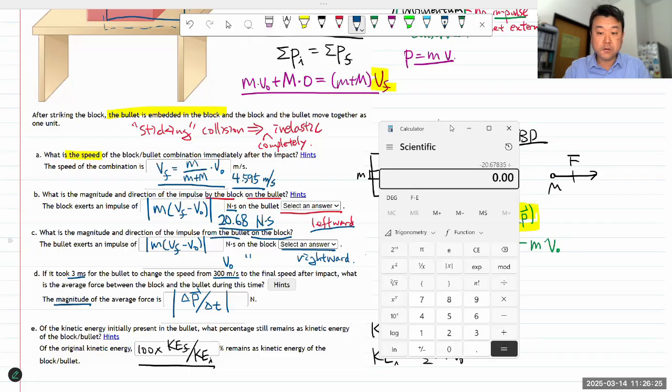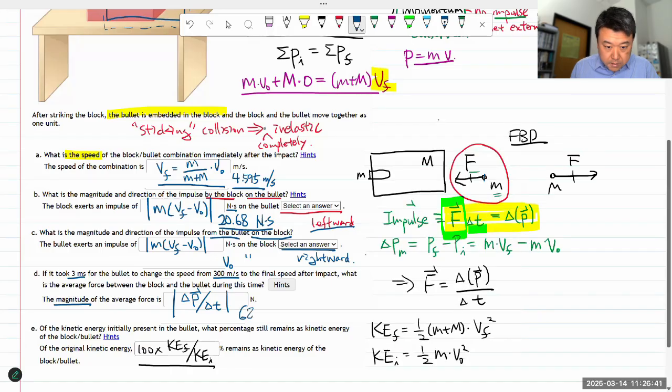And that should be, yeah, a pretty large force. 6,890 Newtons. I'm keeping only 3 significant figures because this is not going to be an intermediate number anywhere. So, all right, that's D.